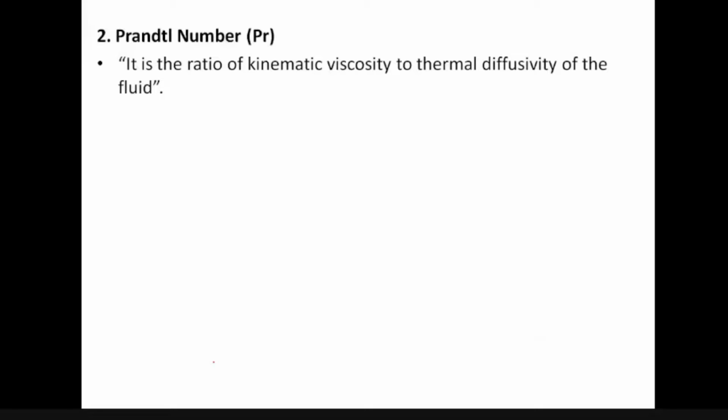So kinematic viscosity, first let me write, is indicated by curly V, which equals mu divided by rho, where mu is the dynamic viscosity and rho is the density of the fluid.